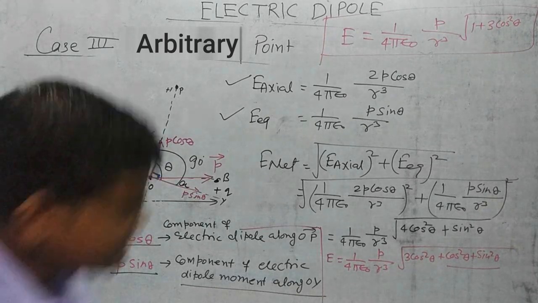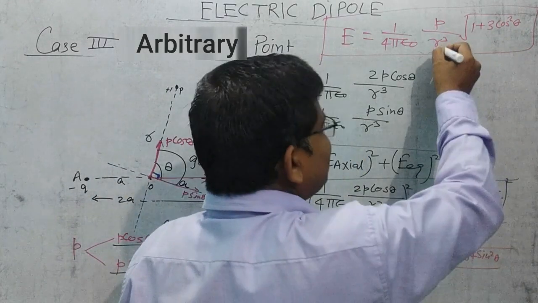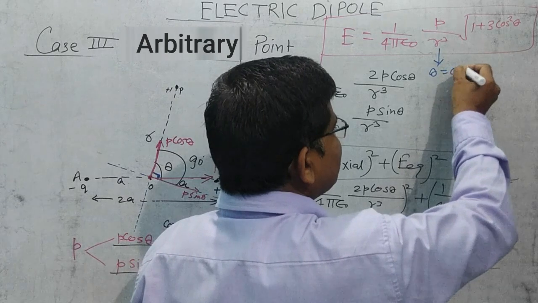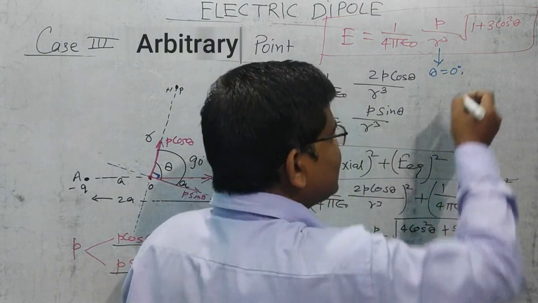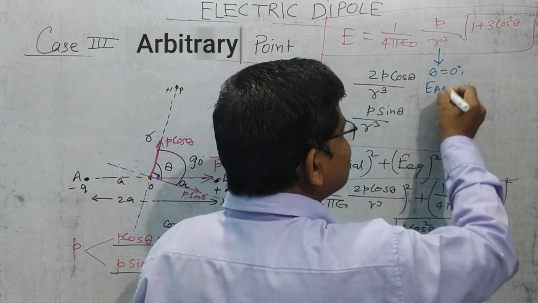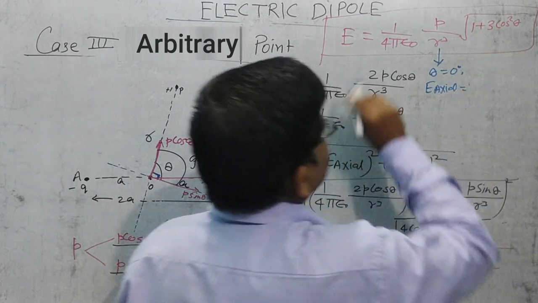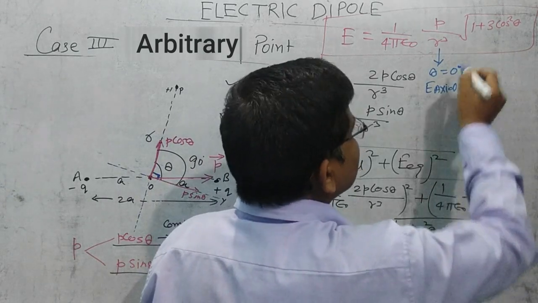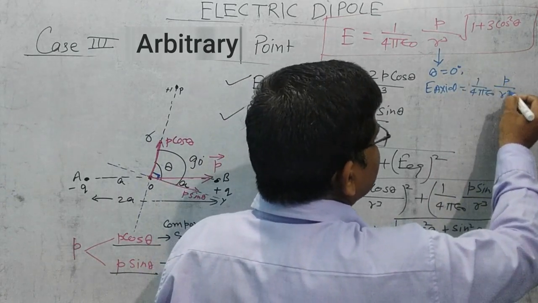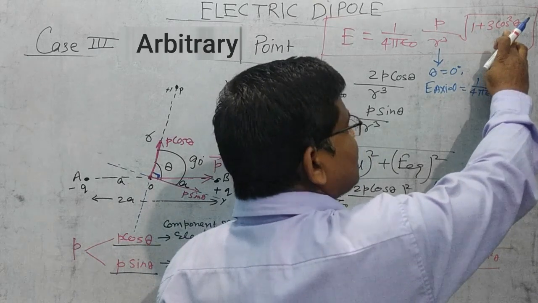And one thing is here, if theta is 0 degree, then you will get the axial condition. Axial condition: 1 upon 4 pi epsilon naught and p by r cube, and this is cos 0.